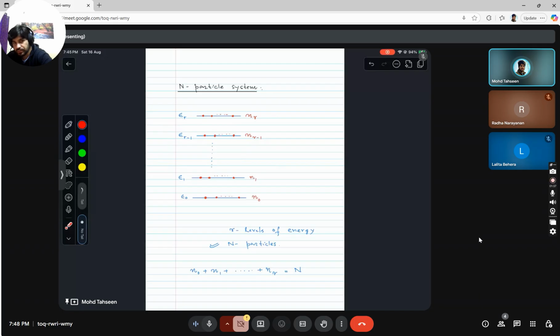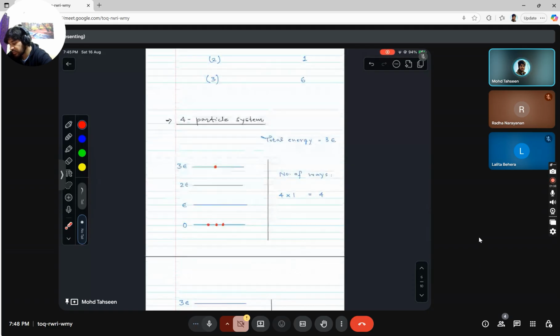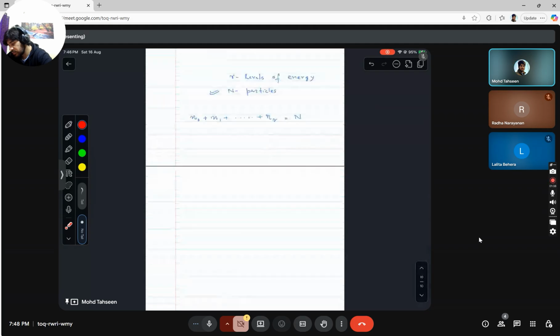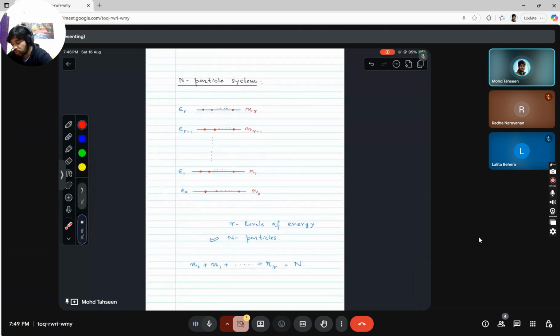Now in the previous examples, these were simplistic examples, so we were basically figuring out how many ways. We just had to allocate one particle to each energy level, and then we knew that the system has 4 particles or 3 particles, so the calculation was a bit easier. But in general, for this system now, I do not know that there's a single particle anywhere, right? So I cannot use that approach.